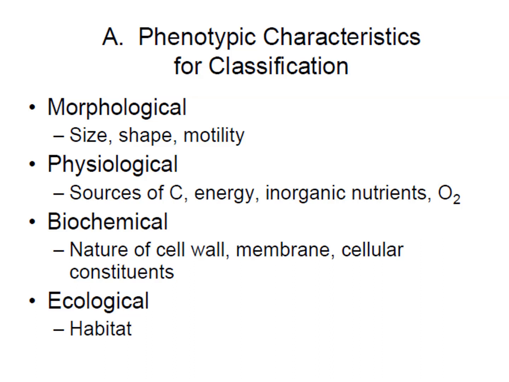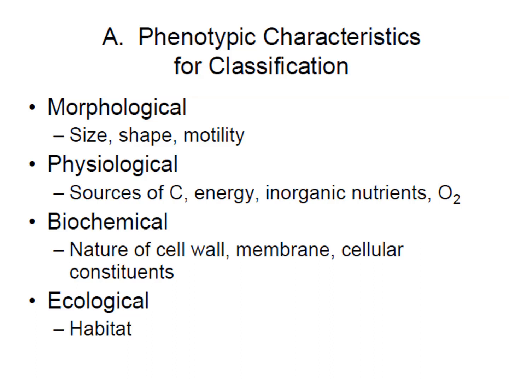For the description or classification of microorganisms, namely bacteria, we often rely on some phenotypic characteristics. Some relate to morphology, such as shape, size, and motility. Other physiological phenotypes include the sources of carbon they require, what energy sources and inorganic nutrients they utilize, and whether they rely on oxygen or not.